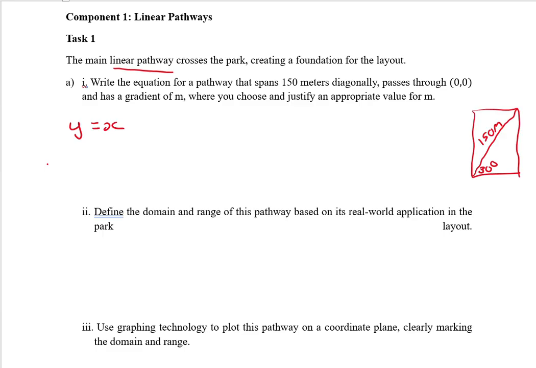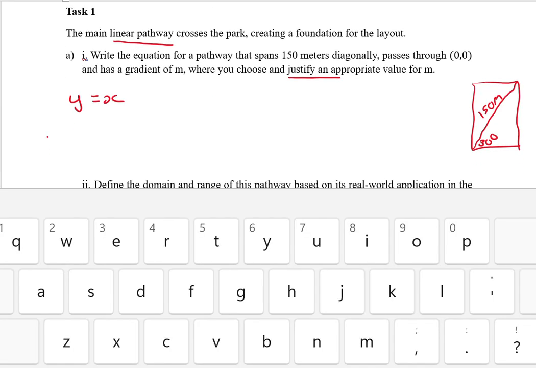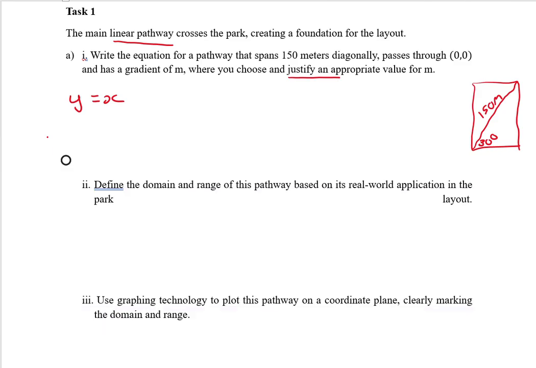We know we've got y equals x. I want to be able to justify my m. By justifying, I'm stating that I want my park to be a square to maximize the area. To work out the domain and range of this, I'm going to use Pythagoras' theorem: a squared plus b squared is equal to 150 squared.